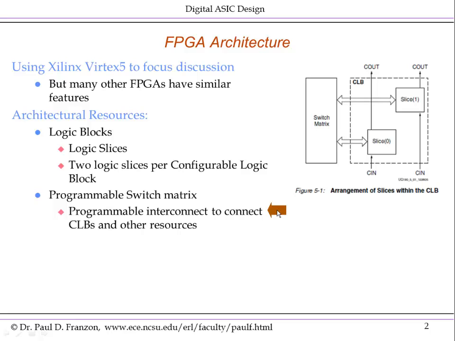However, there's a general issue that we'll come to later in these notes, and that is how much logic you'll fit in is determined by how efficiently you can use the CLBs and the features within them. If you have lots and lots of wires, for example, so that you have to heavily use the switch matrix, you'll end up using fewer CLBs, and thus, in the end, fit less equivalent logic gates into your design.